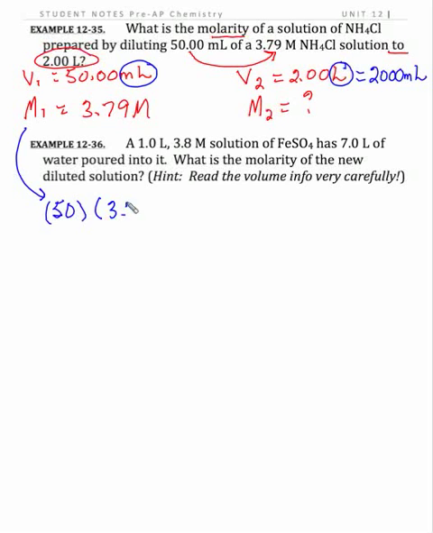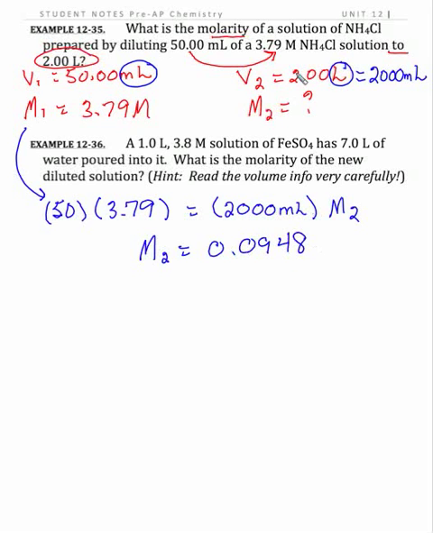I have 50 times 3.79, not divided. I don't know why people do that, but they do. My new volume is 2,000 milliliters, and I'm solving for M2. And if you solve for M2, you're going to get 0.0948. And I took it to 3 sig figs because that was the fewest there. And don't forget your units.